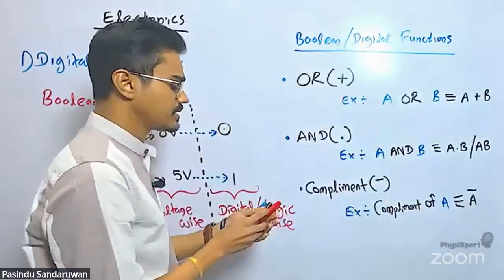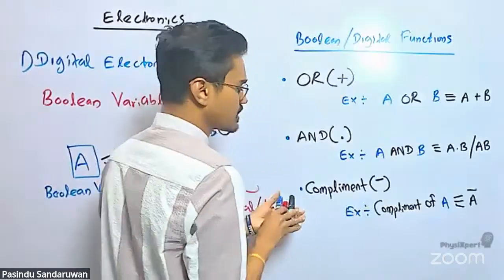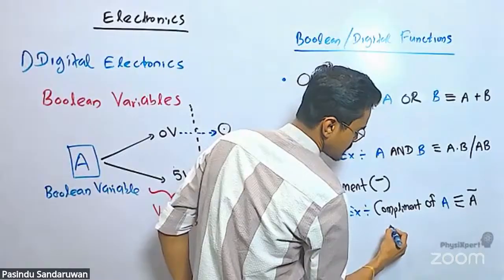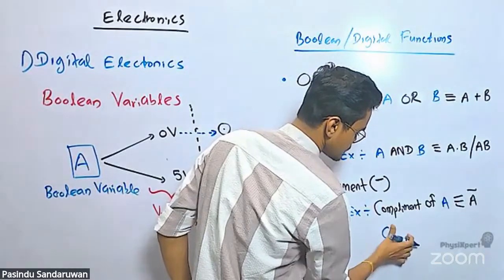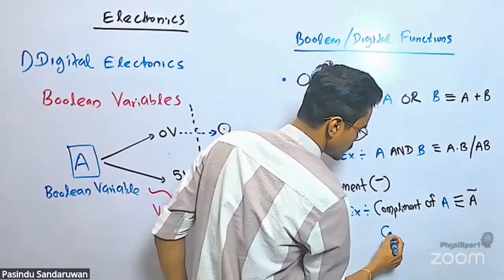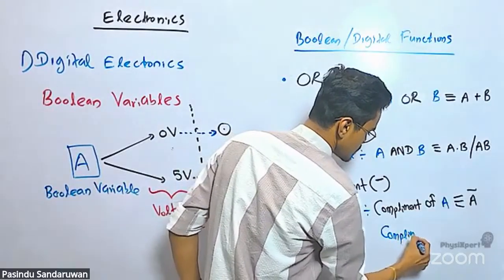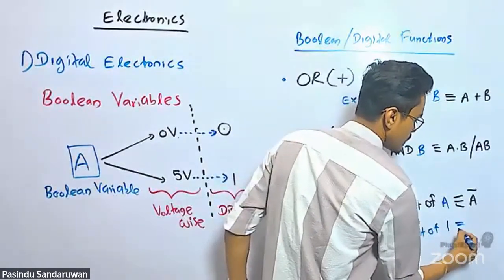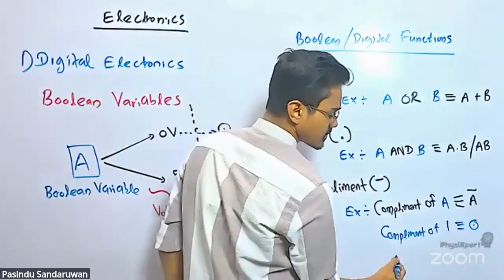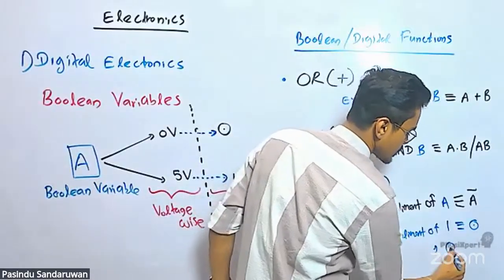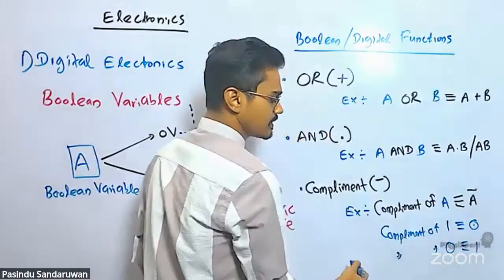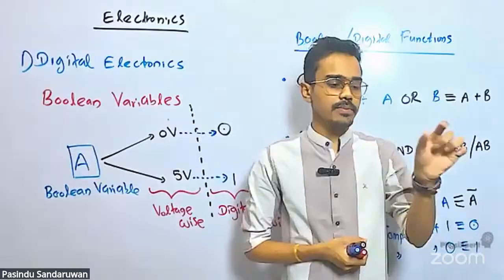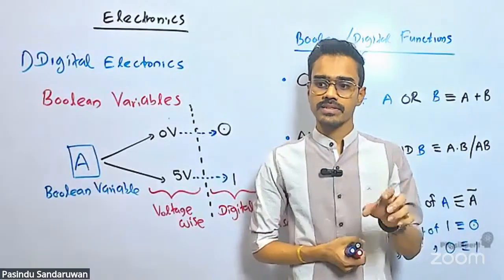As an example, the complement of 1 is 0. Very easy. The complement of 0 is 1. Complement means always the other value compared to the present value.